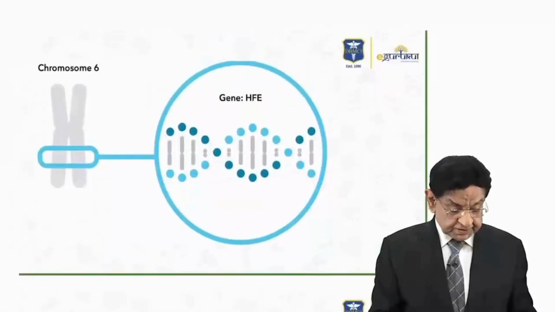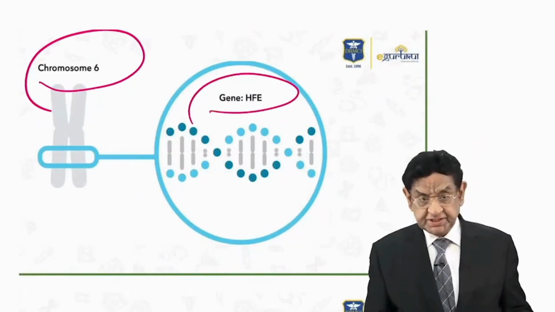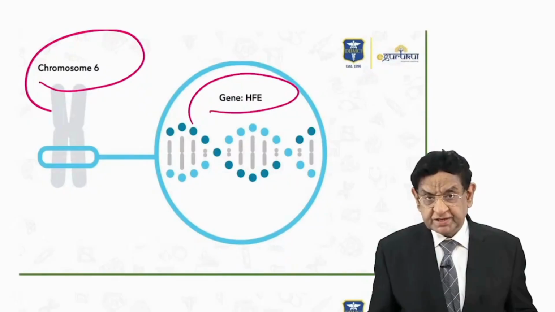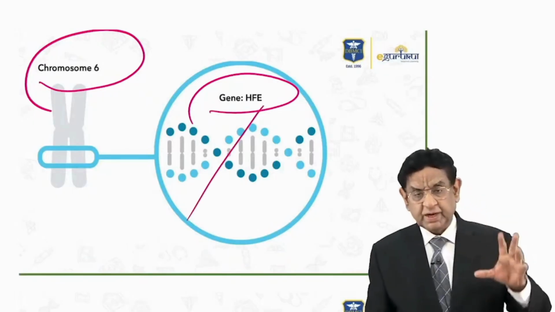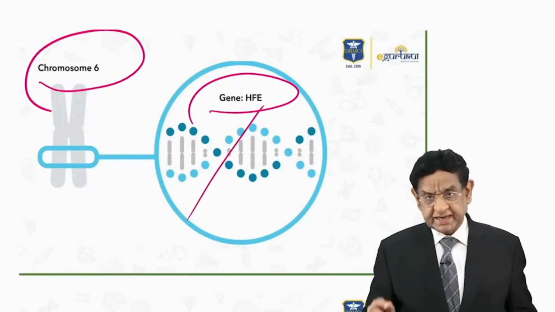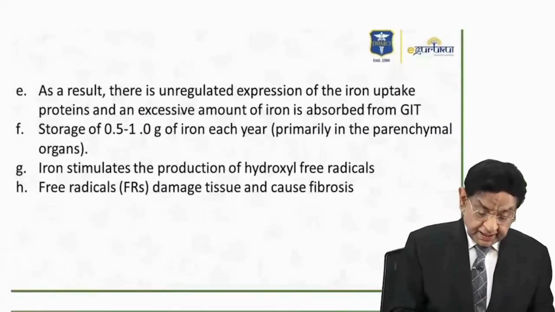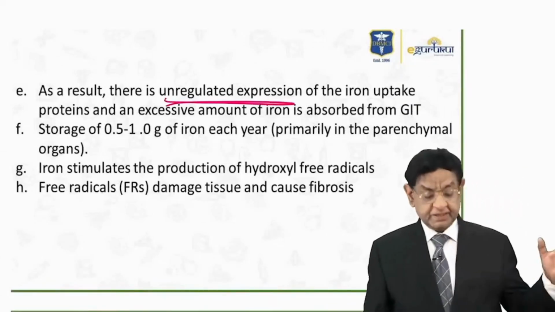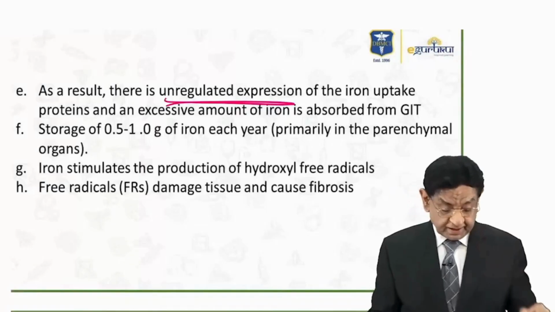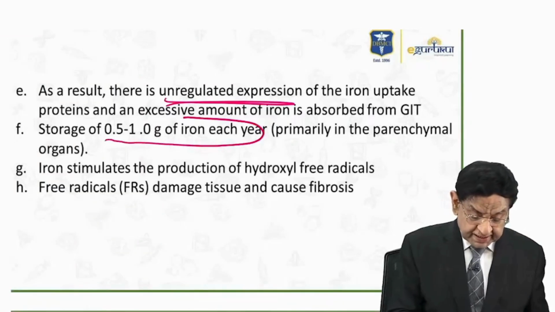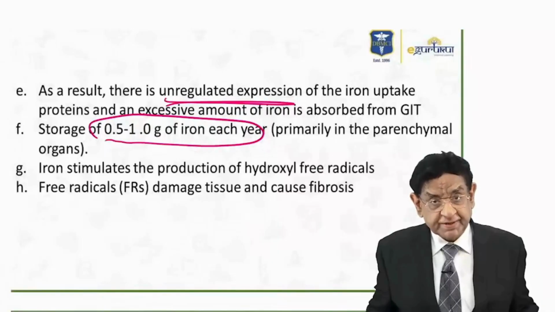So this is chromosome 6, where we have the HFE gene, which normally takes care of the transferrin receptor in the intestine. Mutation occurs in this, that's why unregulated extra iron gets absorbed. So unregulated iron comes in, and every year about 0.5 to 1 gram of excess iron is accumulated in the body.